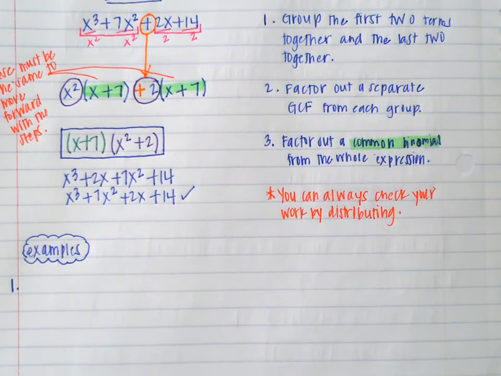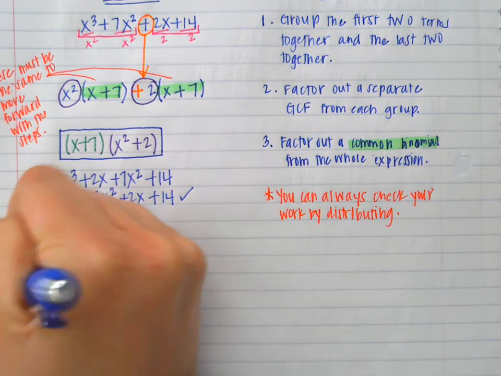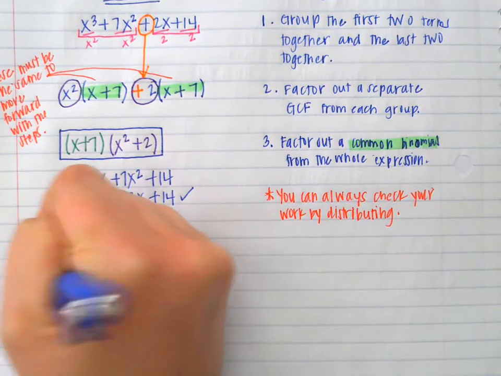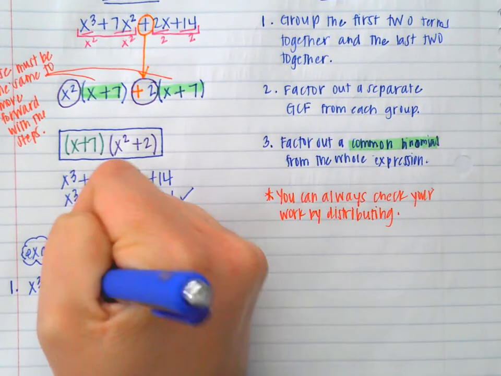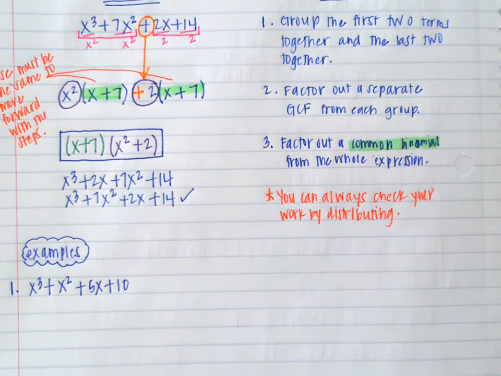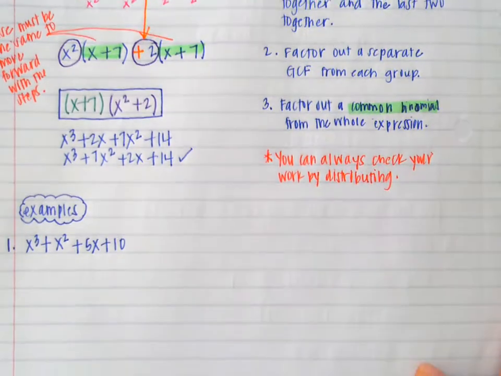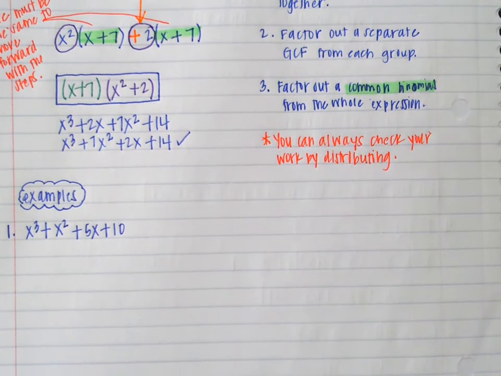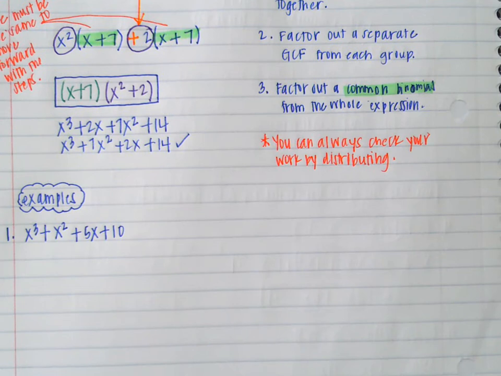So number 1 is going to be x cubed plus x squared plus 5x plus 10. Okay, so with this one, again, our first step is just like it was up here: group the first 2 terms together and the last 2 terms together.